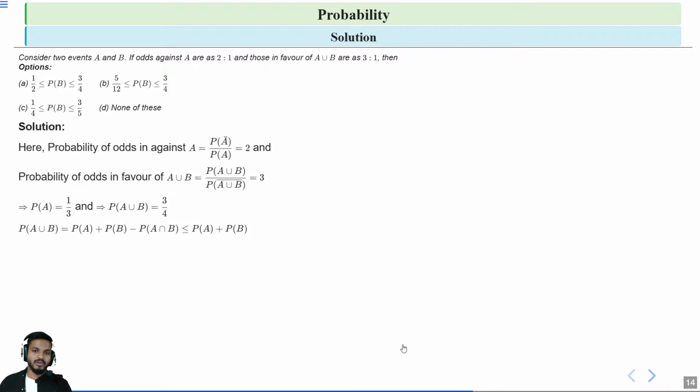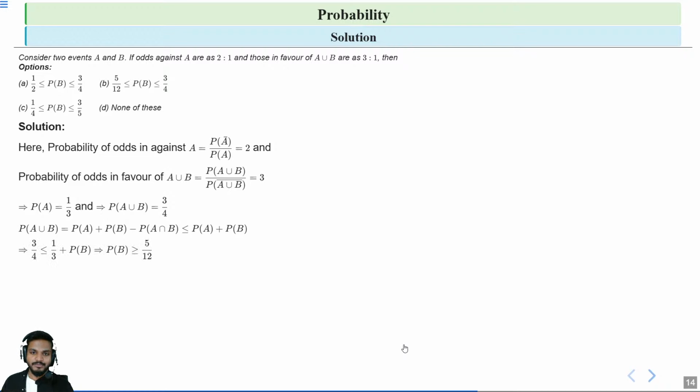Okay. Now second thing, what is the probability of A union B? It is calculated by P(A) plus P(B) minus P(A intersection B). As P(A intersection B) is a positive number, P(A union B) is less than or equal to P(A) plus P(B). So 3/4 is less than or equal to 1/3 plus P(B), as P(A) is 1/3. If you solve this, P(B) is greater than or equal to 5/12. And as B is a subset of A union B, P(B) is less than P(A union B), that is 3/4.